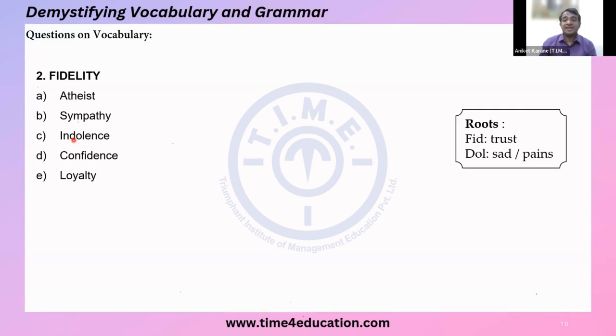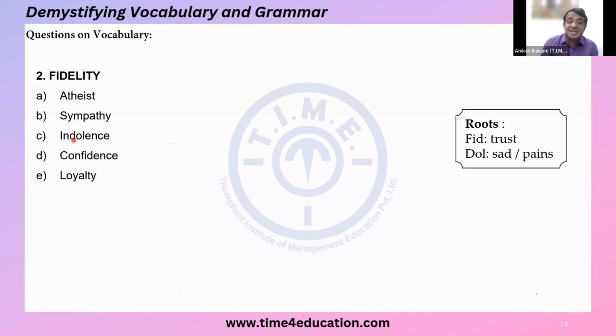But when I say indolence, indolence is pains, the efforts that are not being taken. And that is what we need to work with here. So an indolent person will be a lazy person. He does not take any efforts.